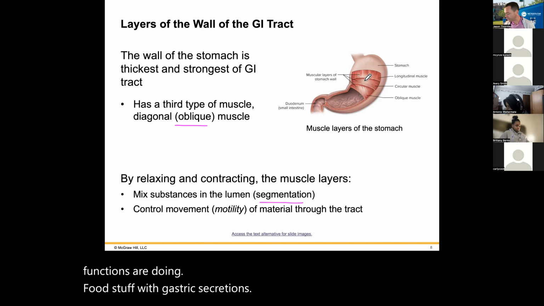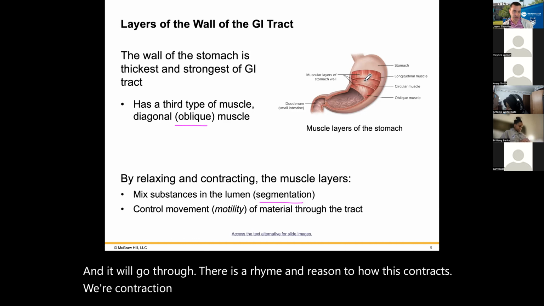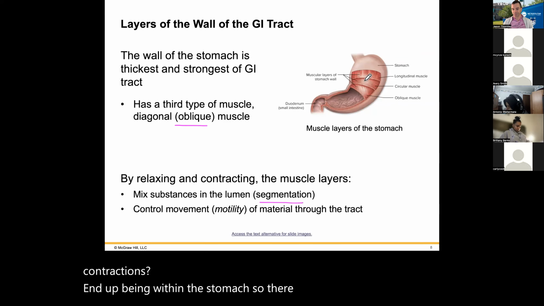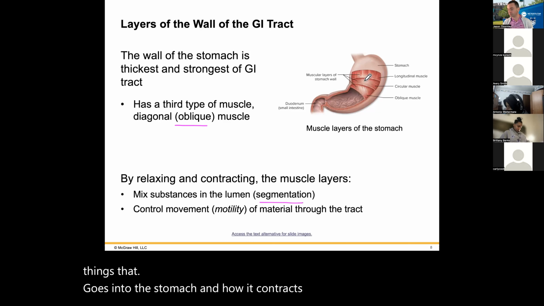There is a rhyme and a reason to how this contracts, where contraction starts when you start eating, and where contractions end up within the stomach. There are some interesting things that go into how the stomach contracts, but we won't get into that.